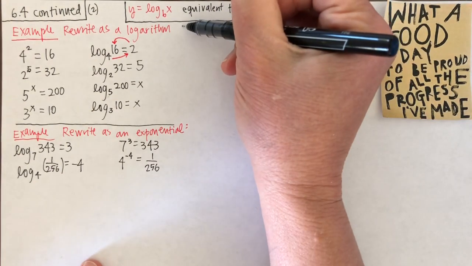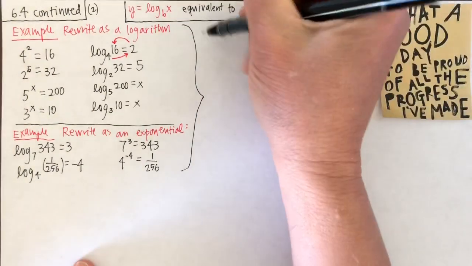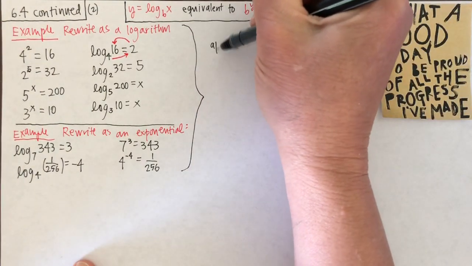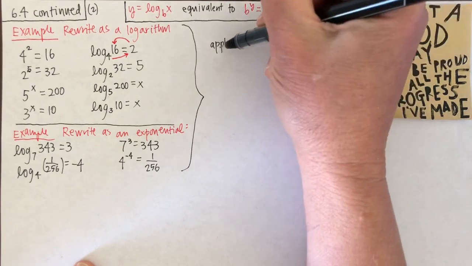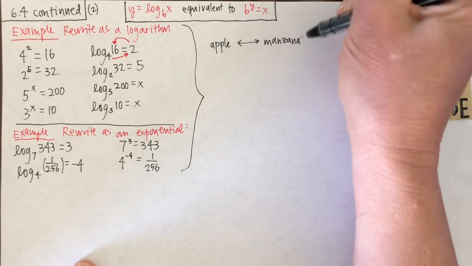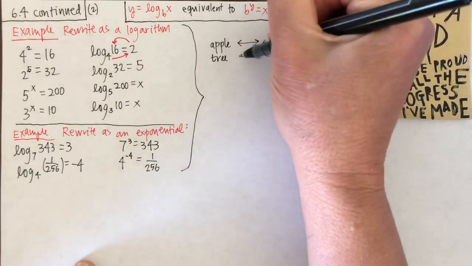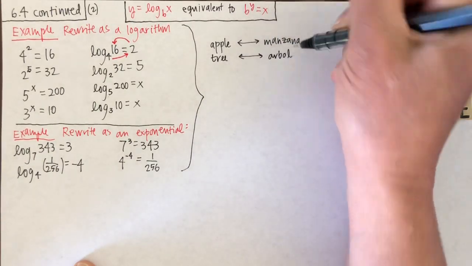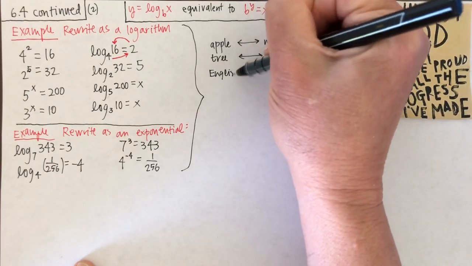So I want you to think of this as, if you're going back and forth between English and Spanish, the word for apple is manzana. The word for tree is árbol. You can go back and forth from English to Spanish.